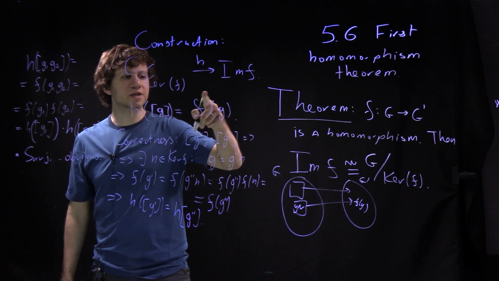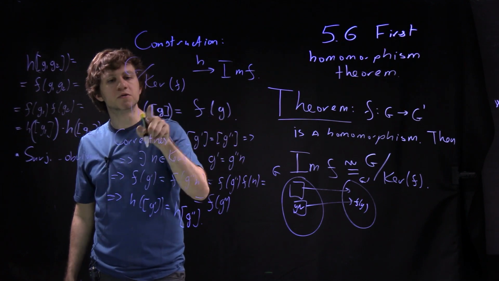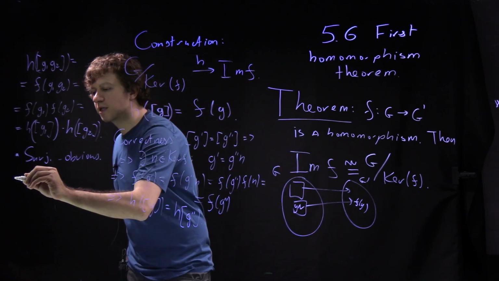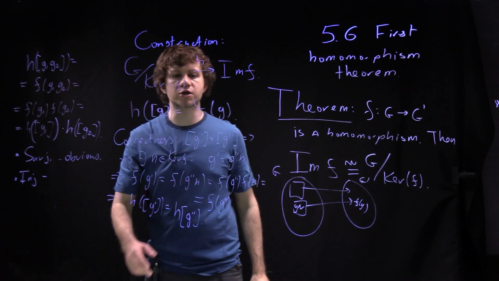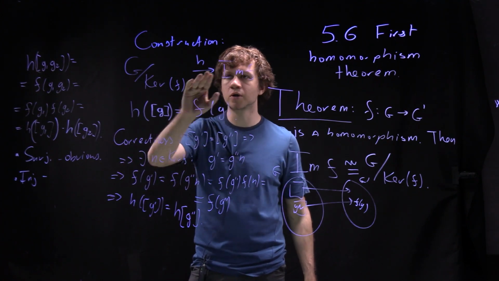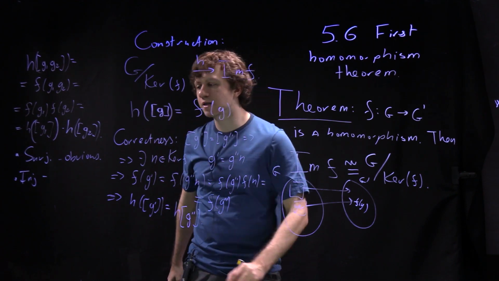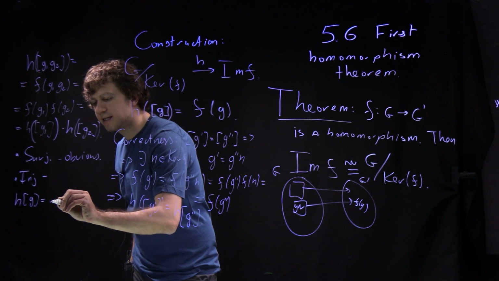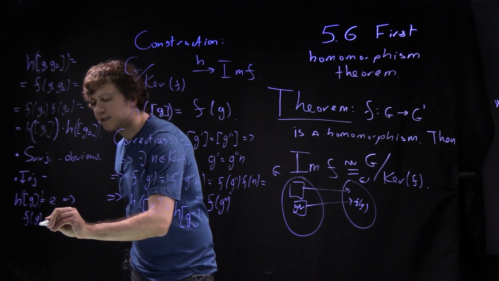Any element in the image is f of g, so it's the image of the class of g. And injective: remember, if you need to check some homomorphism is injective, you just look at its kernel. And I don't want to write down the word kernel, there will be too many of them. But let's just look at what can go to identity. So h of g is identity. Of course, it means that f of g is identity.